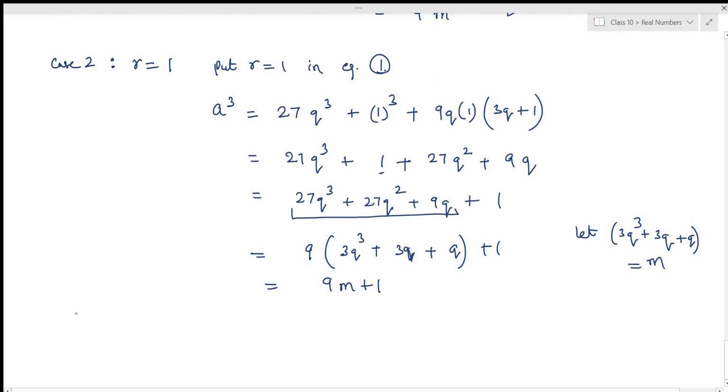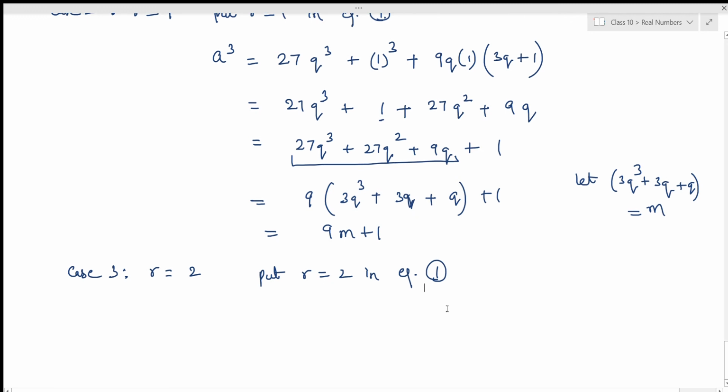Now let's do case 3. Case 3, we have R equal to 2. I'll put the value R equal to 2 in equation 1. I hope this is very lengthy and confusing, but if you practice these type of questions, you will understand what it is all about. What will be the value of A cube now? 27Q cube plus, now R is 2, so 2 cube plus 9 into Q into 2 into 3Q plus 2.